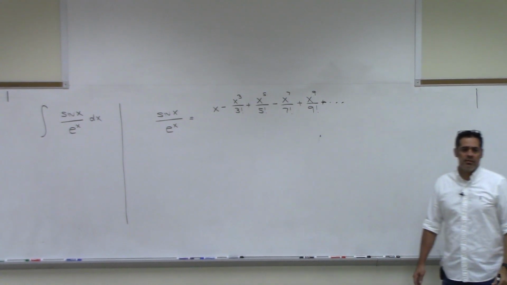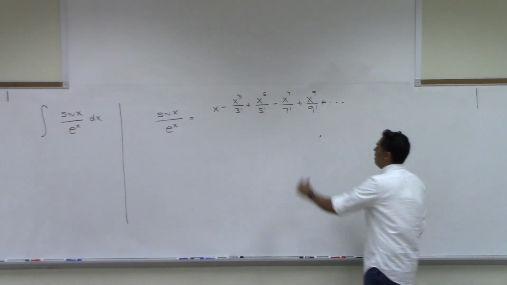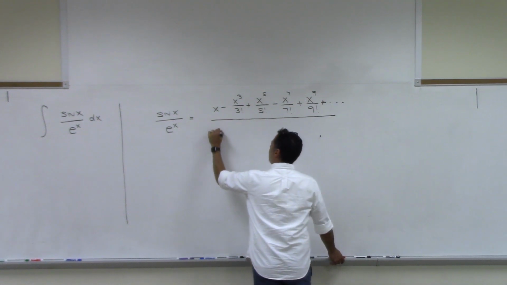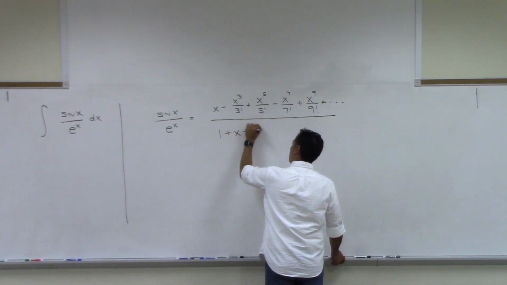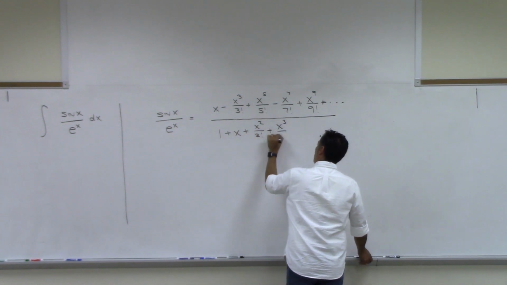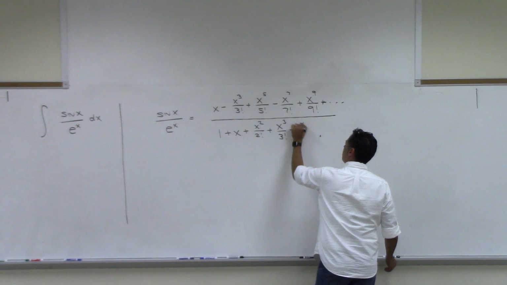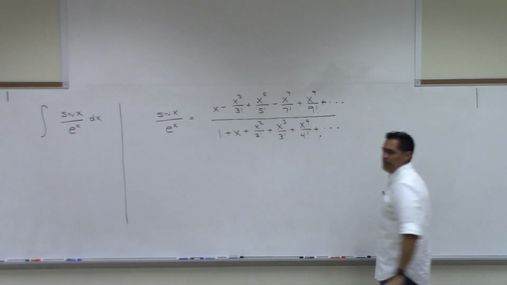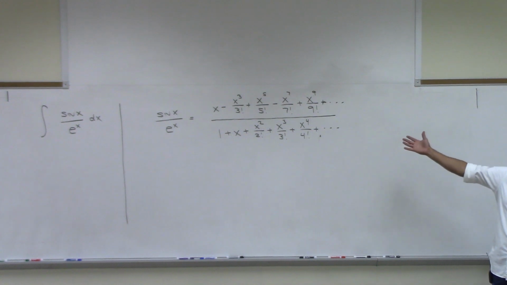That's sine x. And what I'm doing is I'm dividing that, right, by e to the x. And e to the x is 1 plus x plus x squared over 2 factorial plus x to the 3rd over 3 factorial plus x to the 4th over 4 factorial plus dot, dot, dot forever, right? That's what that means, yes?